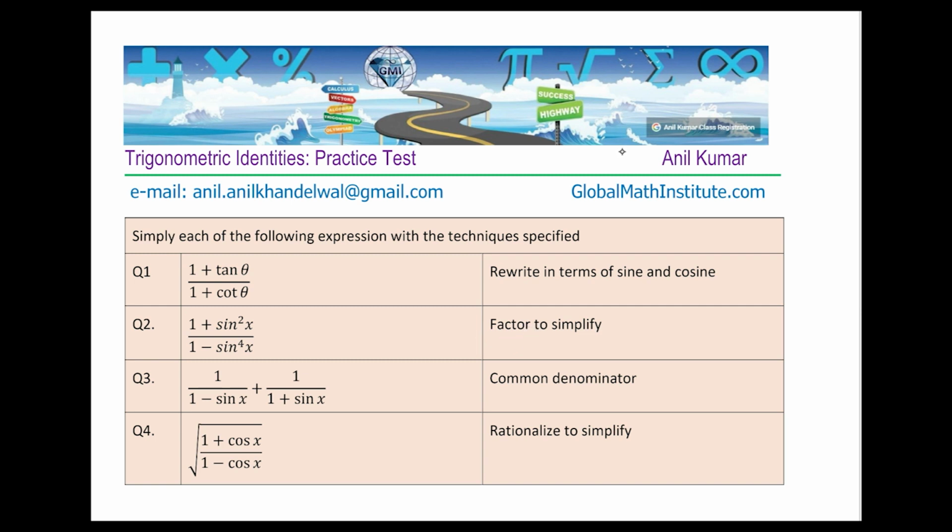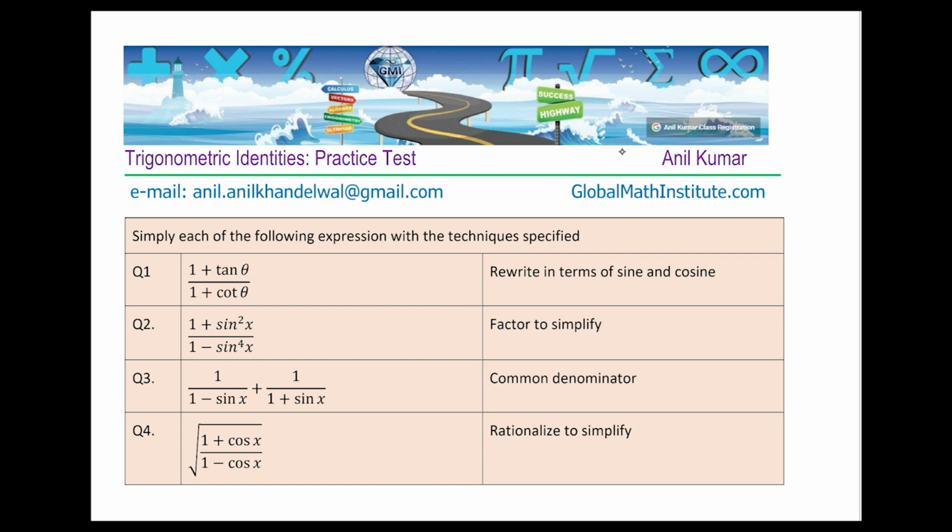Question number 3. 1 minus 1 divided by 1 minus sine x plus 1 divided by 1 plus sine x. Now this can be simplified by taking a common denominator. Question number 4. A square root of 1 plus cos x divided by 1 minus cos x.